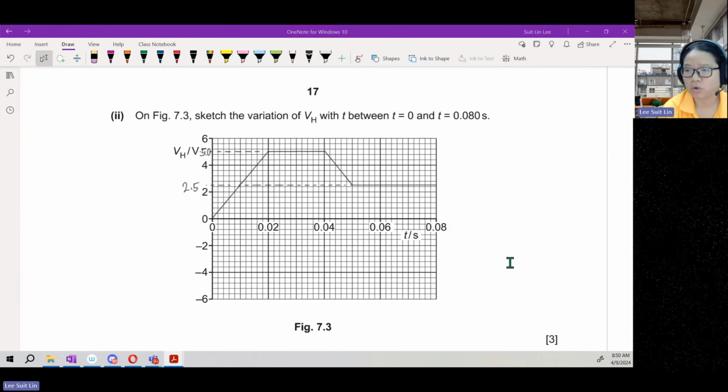Okay. So let's mark the question. If there's a straight line from 0 to 5, this line is 1 mark.